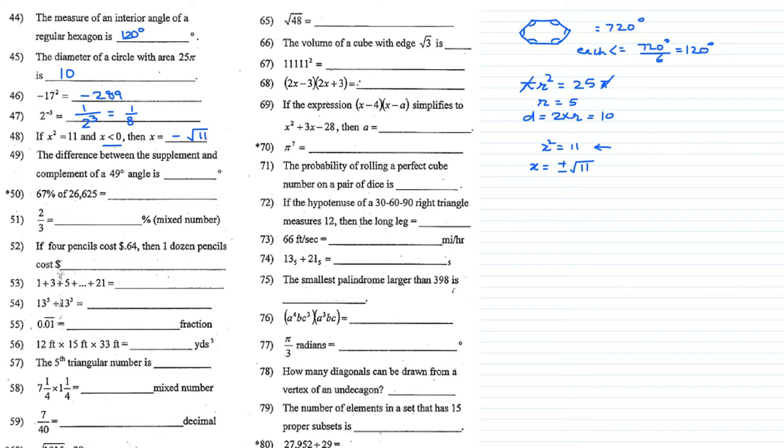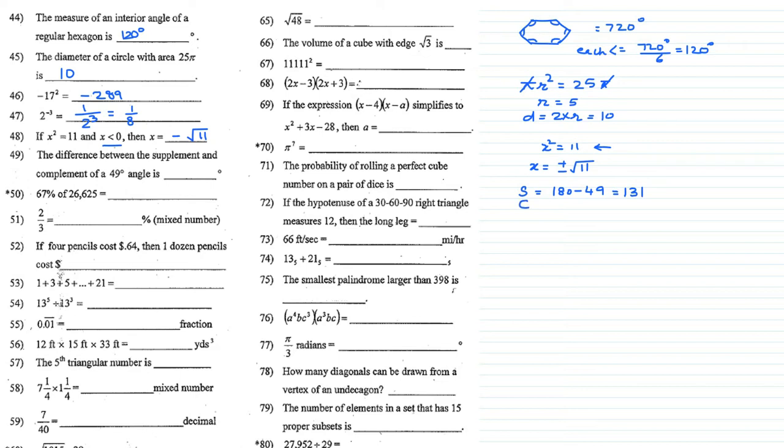Question 49, the difference between the supplement and complement of a 49-degree angle is how many degrees? So the supplement of 49 degrees is 180 minus 49. So that will be equal to 131.